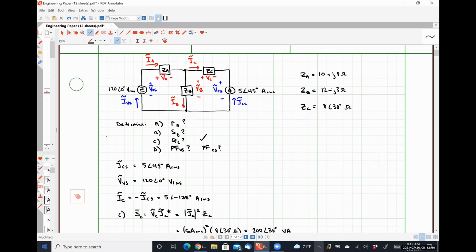We need to figure out what VB is or what IB is. Then we need to figure out what IVS is and VCS is. So how do you propose we go about doing that?